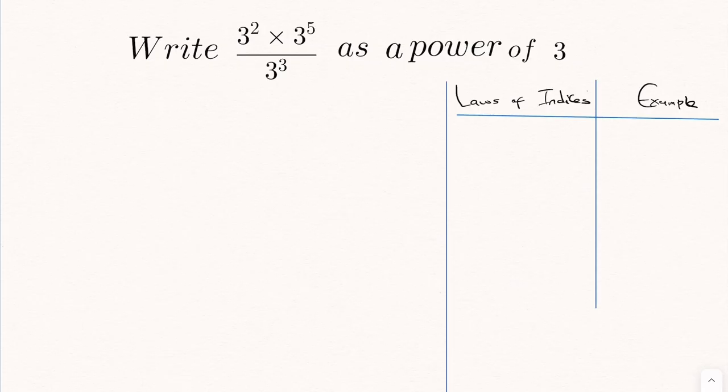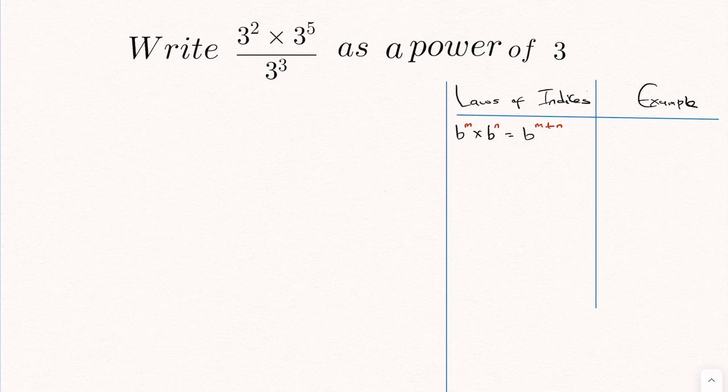If we have b raised to the power of m times b raised to the power of n, it's the same thing as saying b is raised to the power of m plus n, because they are all in the same base of b and they are getting multiplied, so you add up their powers.